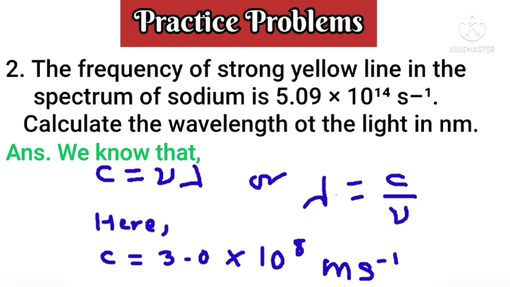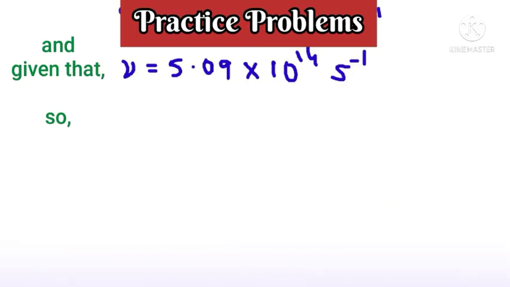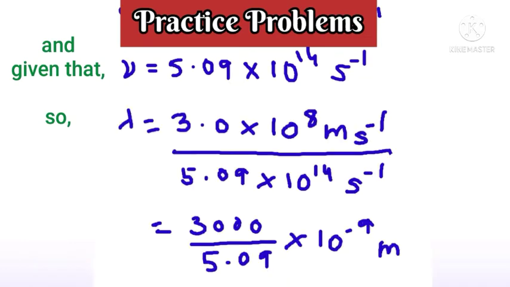So lambda is equal to c by nu, and c, that is velocity, we know is 3 into 10 to the power 8 meter per second, and the value of frequency nu is given to you, that is 5.09 into 10 to the power 14 per second. So by putting the value of c and nu, we can easily find the value of lambda.